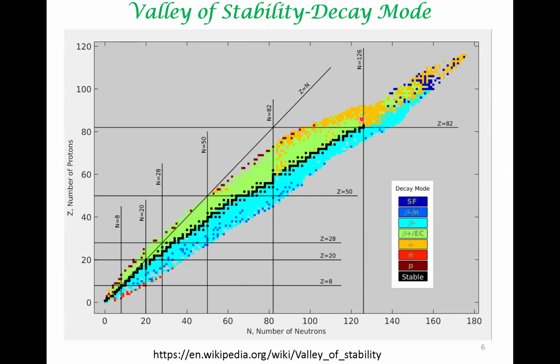Then, in certain regions here, you may also have alpha decay, right? Alpha decay is an emission process. Qualitatively speaking, it is a method to decrease both the atomic weight and atomic number.